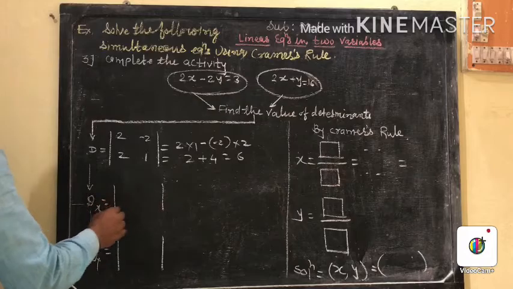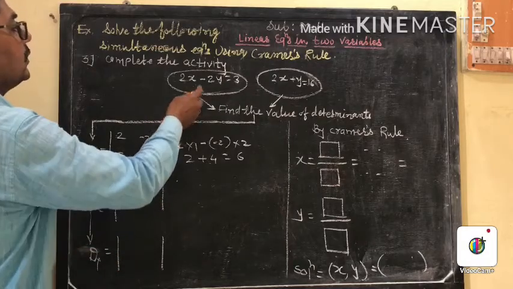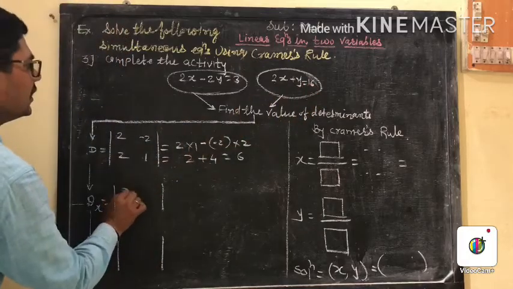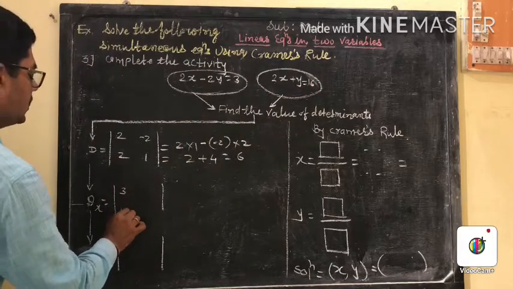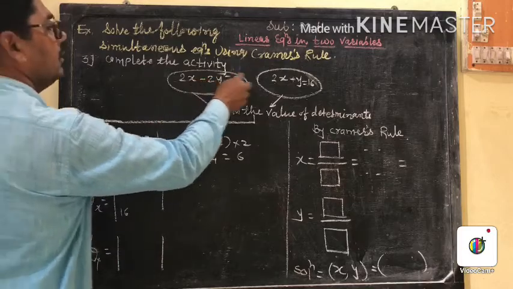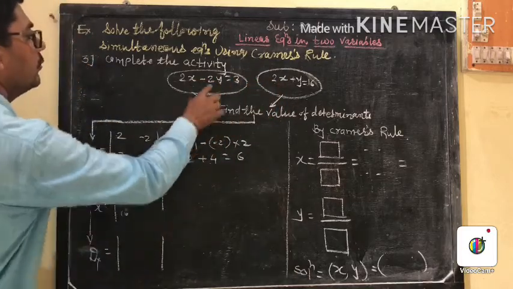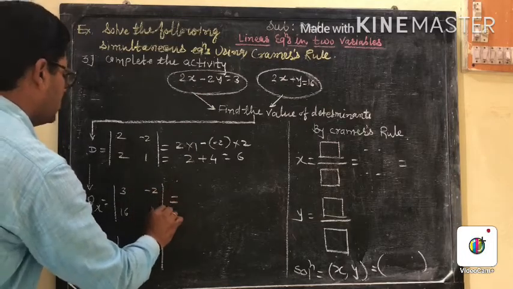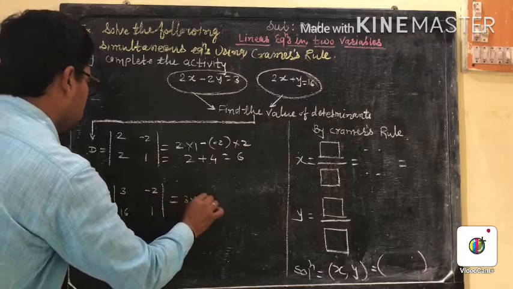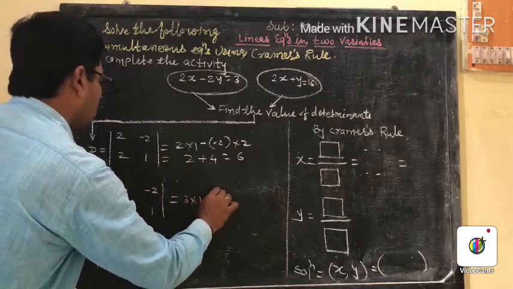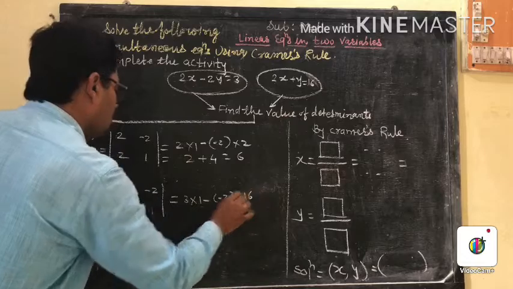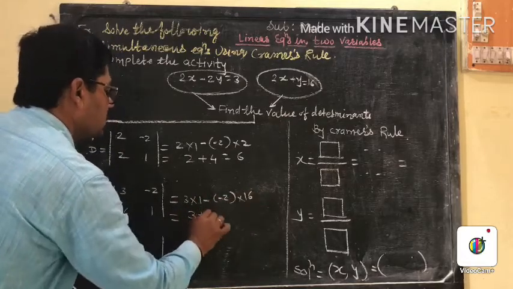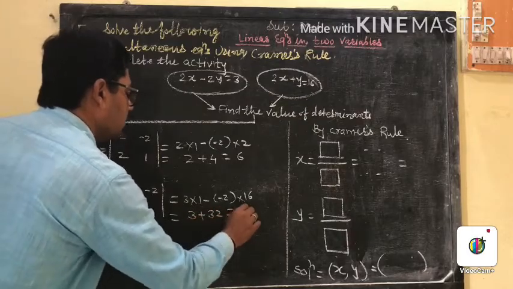And Dx is, you know, c1 c2, 3 and 16, and b1 b2, minus 2 plus 1, and the value of the determinant is 3 into 1 minus minus 2 into 16, equal to 3 plus 2 into 16 is 32, and this value is 35.